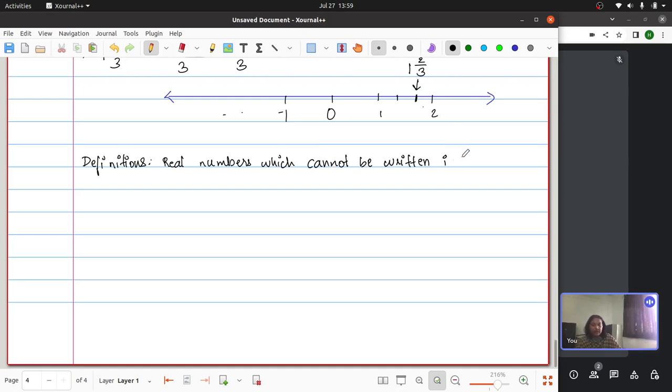So, whatever is not a rational number is an irrational number. So, in the form of P by Q, where P and Q are integers, is called an irrational number.